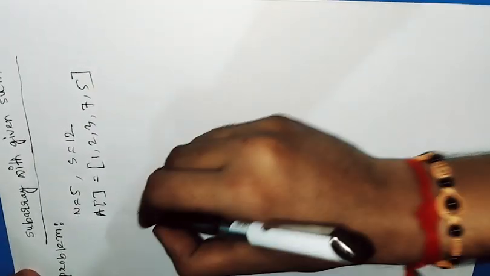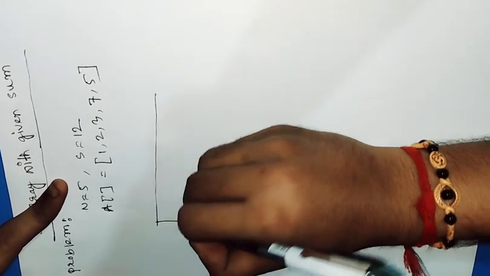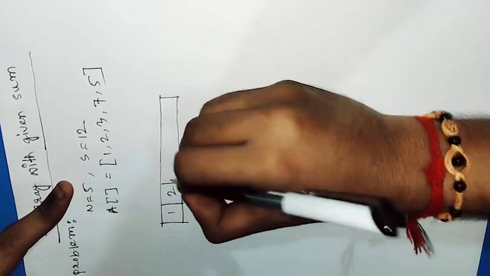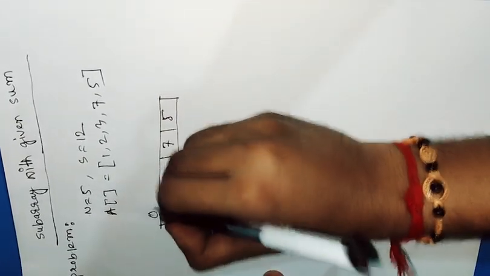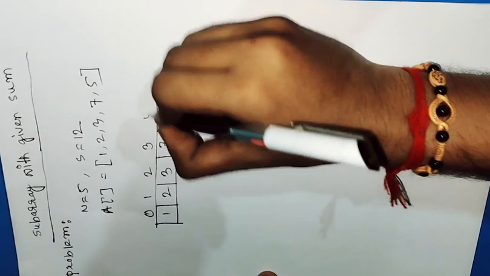Now draw this array: 1, 2, 3, 7 and 5. Here the indices are 0, 1, 2, 3 and 4.